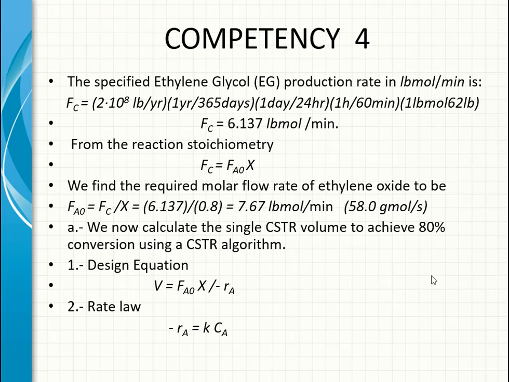Now, we are going to the algorithm. The first thing that we need in the algorithm is the design equation, and the design equation is V equal FA0 times X divided by minus rA. This is coming from the mole balance. And then we have the rate law. They tell us that it is first order, so minus rA equal to k times the concentration of A to the first power.